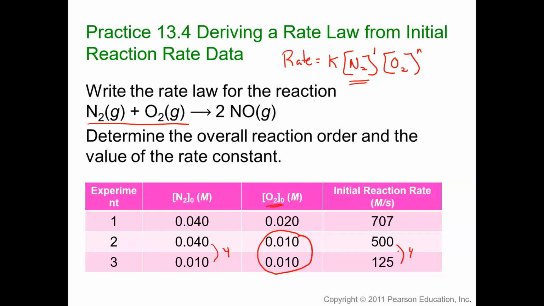All right. So now let's figure out O2. For O2, this is my only choice, because remember, I want this one to be the same. The only change I want to be happening is due to O2. So I have to choose the experiment where these two stay the same. So see how these are the same? That's why I have to choose 1 and 2.